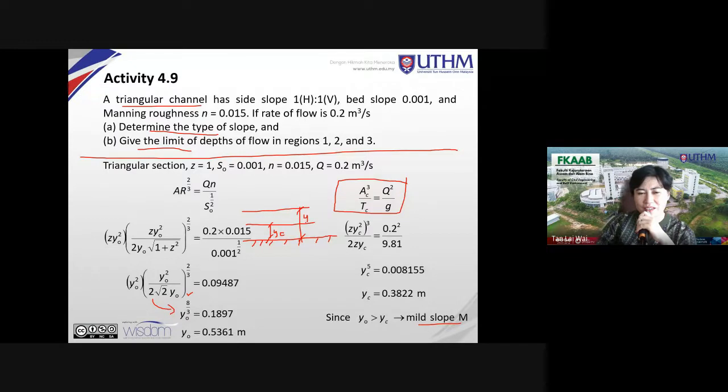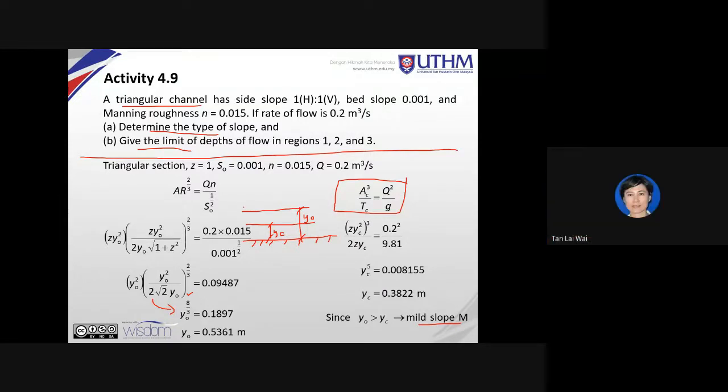Now, for region 1, since this is mild slope, betul tak kalau saya cakap untuk dapatkan M1, ukur dalam dia mestilah lebih besar daripada Y0? Setuju tak semua? Setuju. Okay.